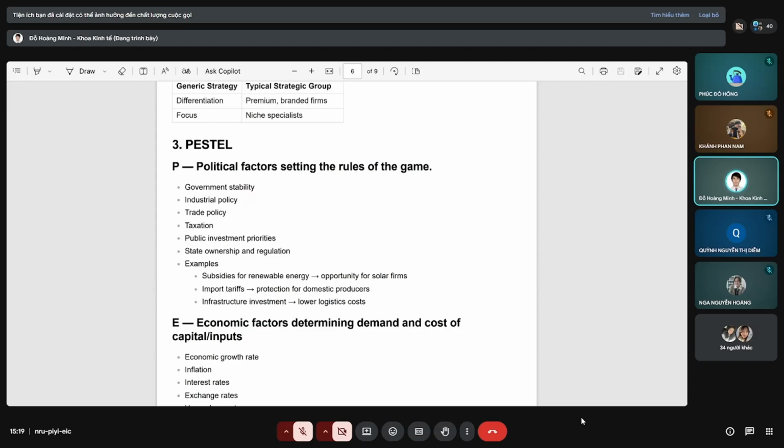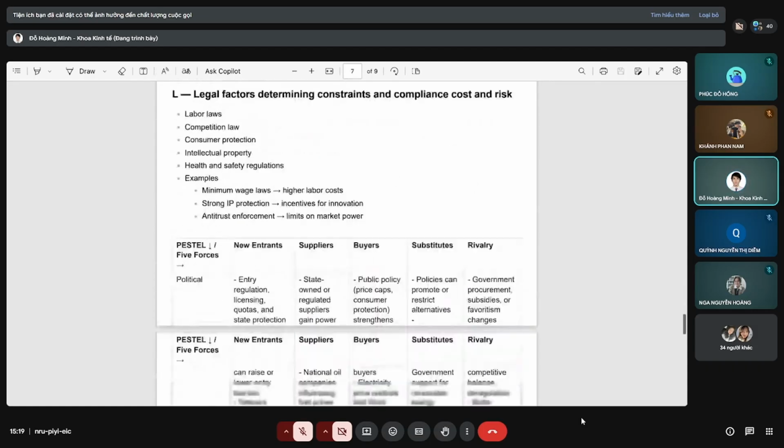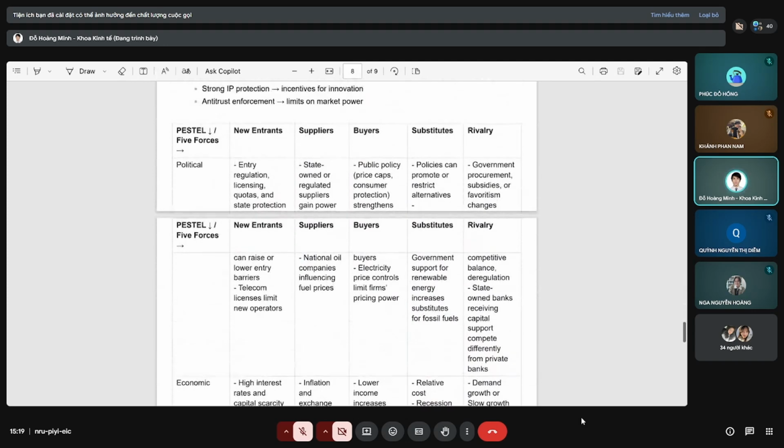First, I give you the matrix. In the columns I list all the 6 macro factors, and in the rows I list all the competitive forces.